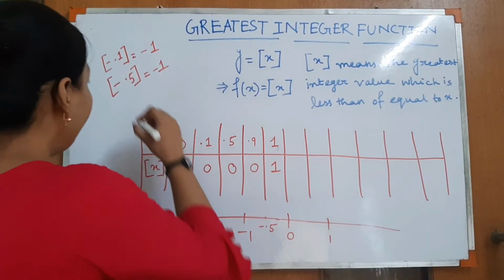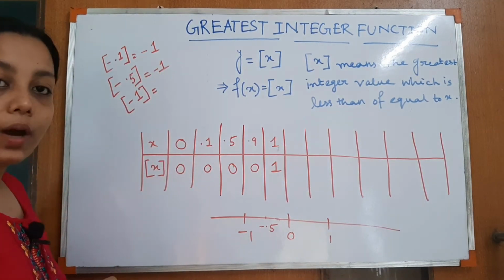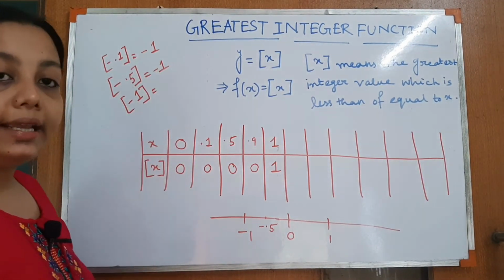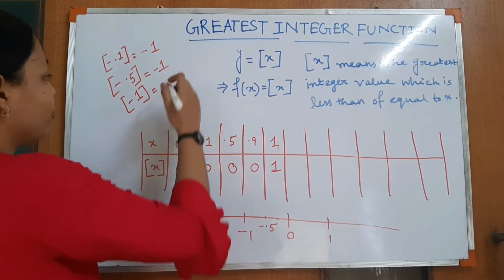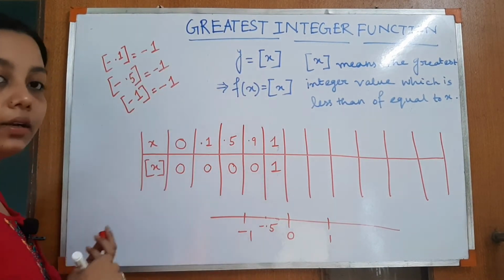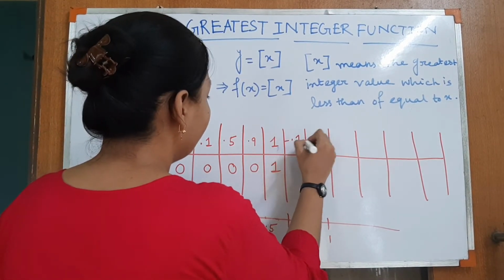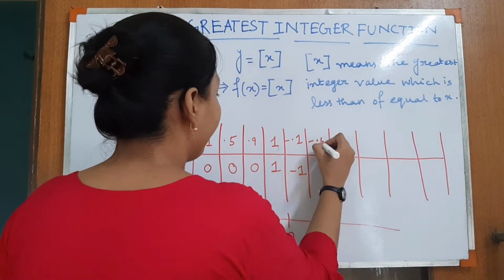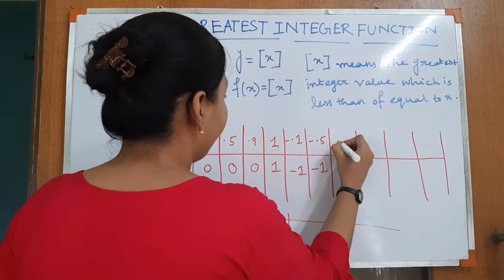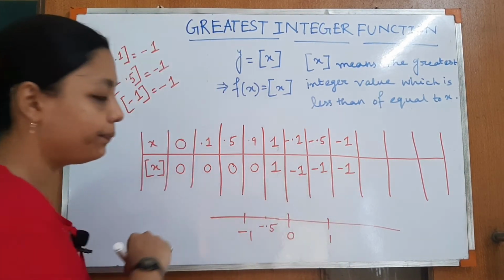Now if we take minus 1, since minus 1 is an integer, the box value of minus 1 is also minus 1. So for minus 0.1 we get minus 1, for minus 0.5 we get minus 1, and for minus 1 we get minus 1.